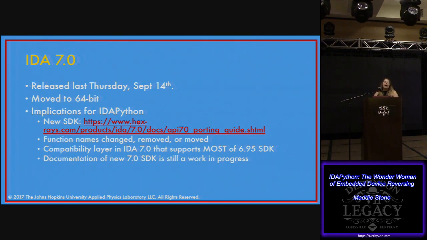Basically they rewrote everything, changed most things from camel case to snake case, moved a lot of things between different modules, removed some portions, added new stuff, things like that. That being said, they were nice to us. They kept a compatibility layer in this version so that most things will still work and not break if you're running IDA 7.0.